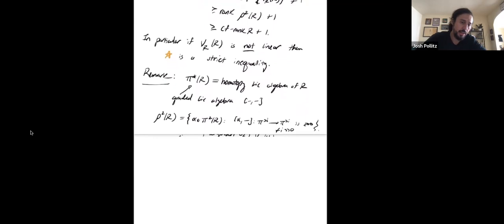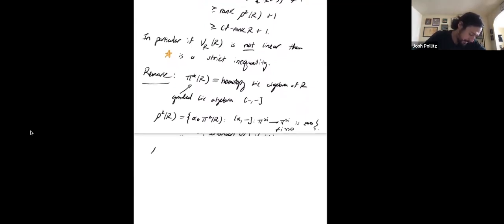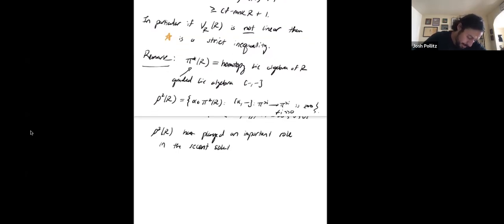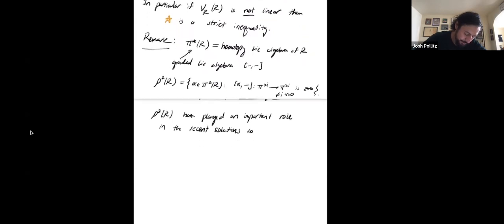Maybe it's worth saying, as a remark within a remark, why this thing is interesting. So rho 2 has played an important role in the recent solutions to a conjecture of Vasconcelos, Vasconcelos's conjecture on the conormal module.